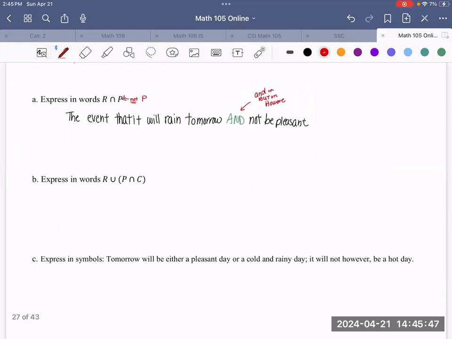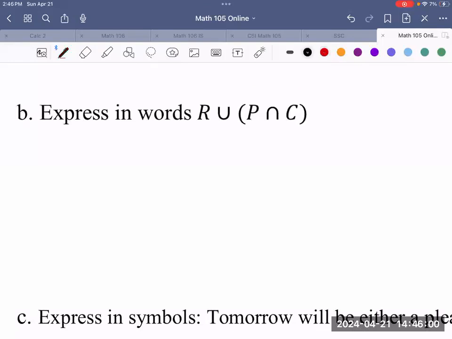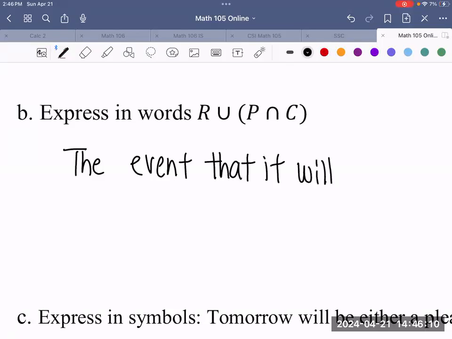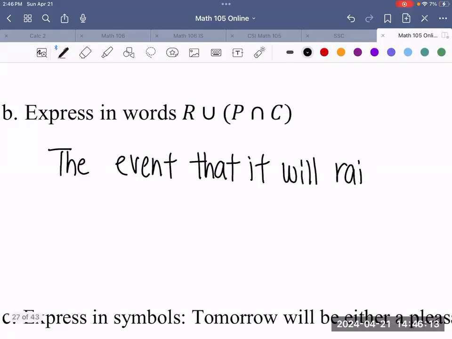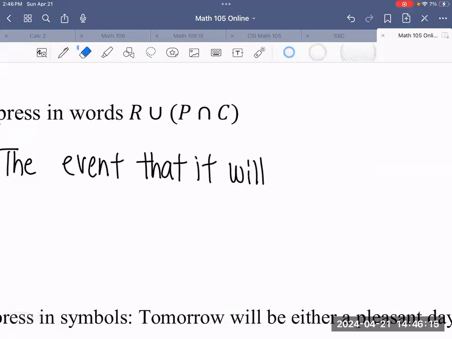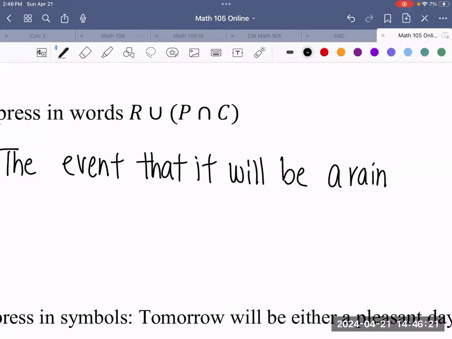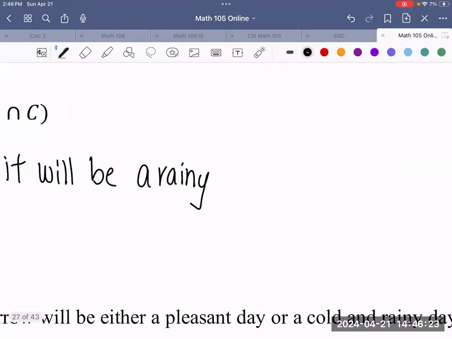So then express the next one with words. R or, so rainy or, pleasant, P, and cold, C. So pleasant and cold have to go together. So something like the event that it will rain, or it will be a rainy day.